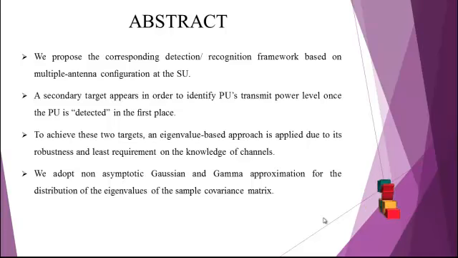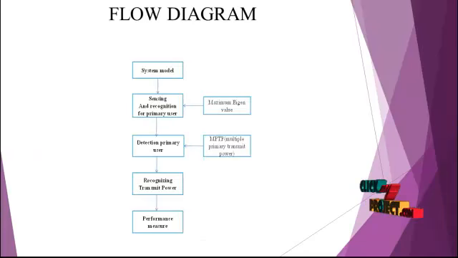To achieve these two targets, an eigenvalue-based approach is applied due to its robustness and least requirement on the knowledge of channels. We adopt non-asymptotic Gaussian and gamma approximation for the distribution of eigenvalues of the sample covariance matrix. The project flow diagram is to calculate the maximum eigenvalues based on the multiple antenna system.